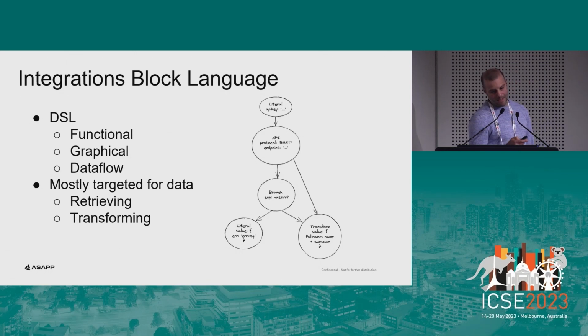The IBL enables domain experts, but not necessarily professional software developers, to easily specify integrations. And briefly, it is a simple functional and graphical programming language based on a minimal set of nodes for performing the most classical integration operations such as data retrieval and transformations.